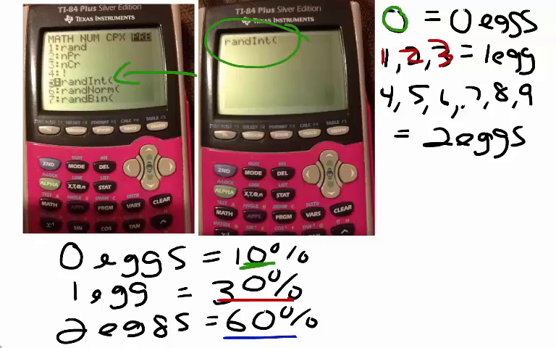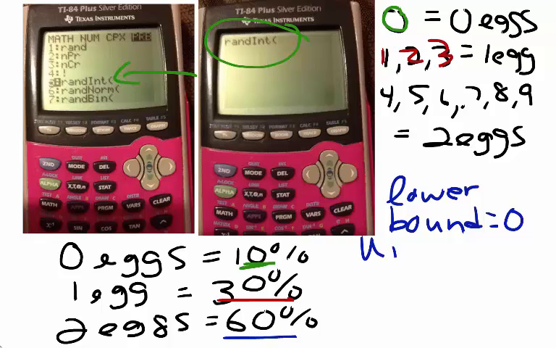So now that we have our prompt up for random integers, we want to establish our lower bound, which is 0, our upper bound, which is 9, and then we will select how many results we'd like to see at a time.